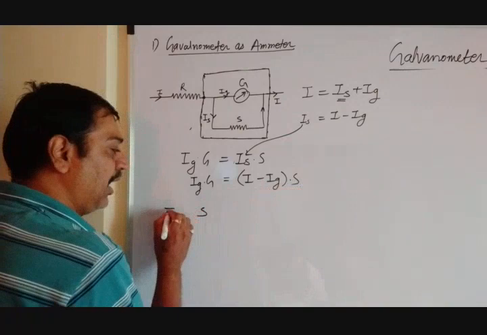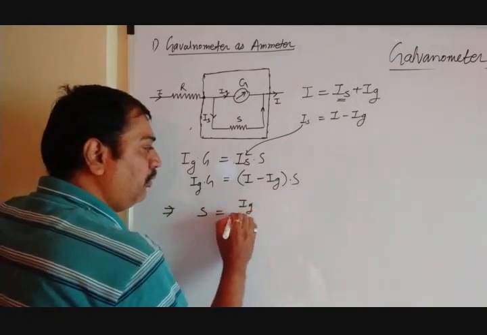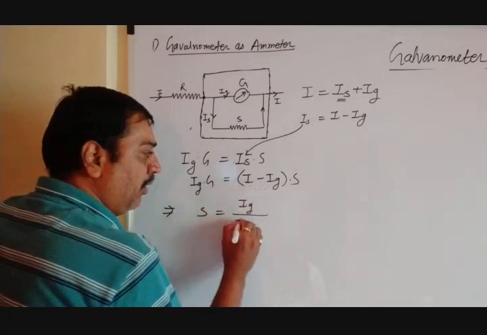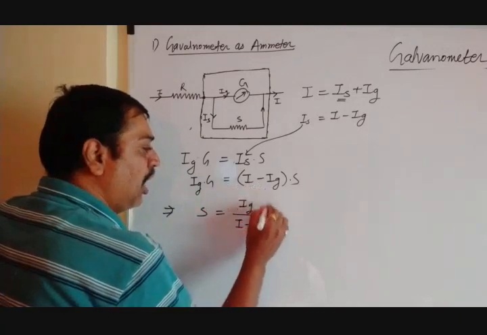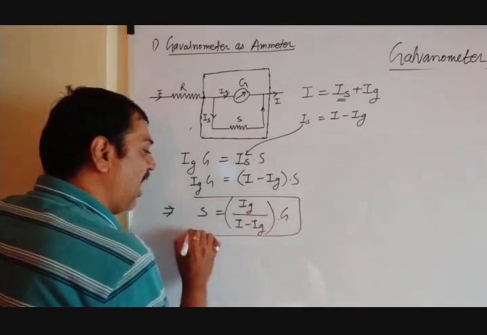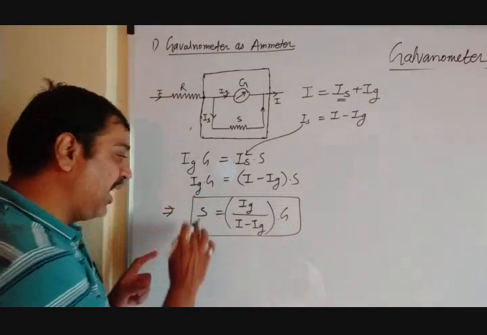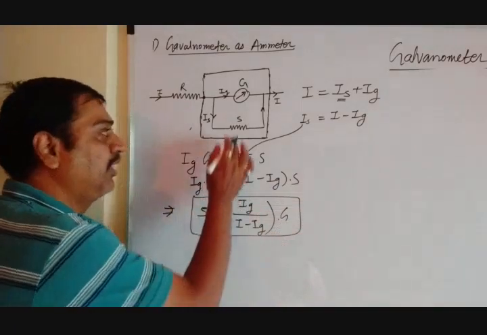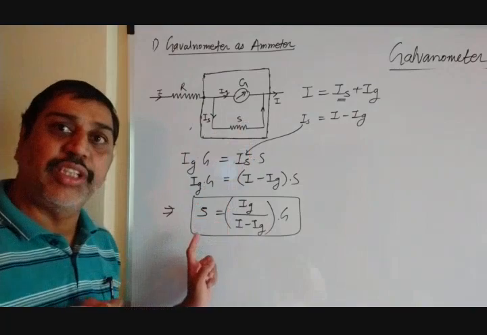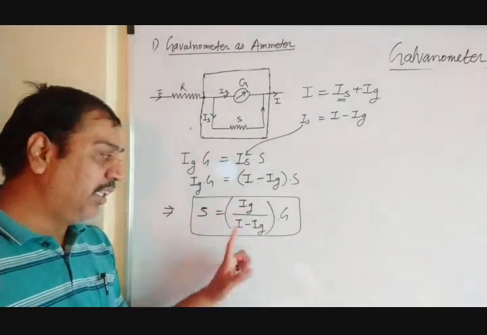So this equation implies that S equals what? Ig divided by, this goes to the denominator, I minus Ig, and outside the bracket this G as it is. So we have found the value of S. What is S? The shunt resistance connected is said to be S. How much shunt resistance should be connected can be found from this equation, Ig divided by I minus Ig into G.